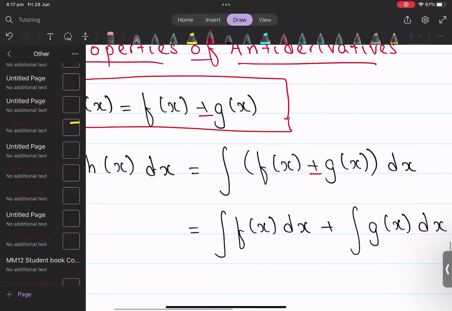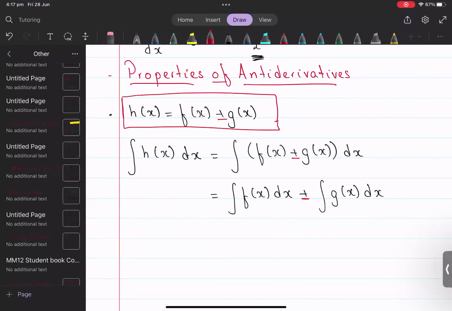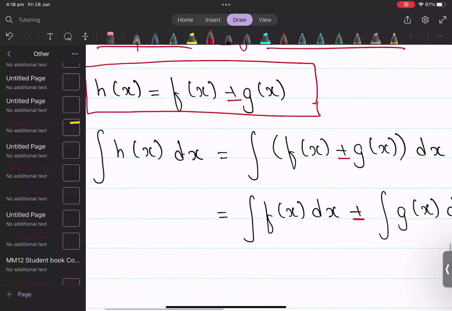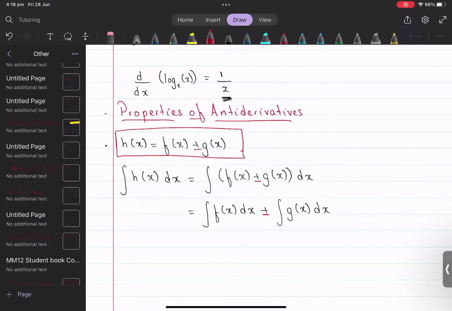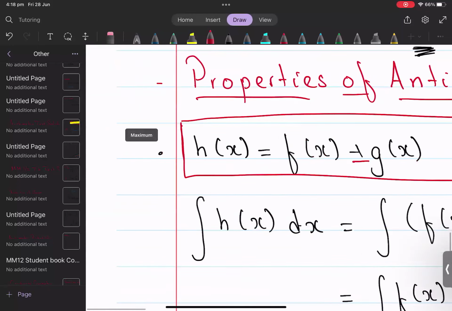So f of x plus or minus g of x. It doesn't really matter whether we have a plus or minus sign. If we just have the sum or the difference of two functions, then the antiderivative of that is given by the sum or difference of the antiderivatives of each of the separate parts of that function. Okay, so that's the first property. I'll label that as 1.